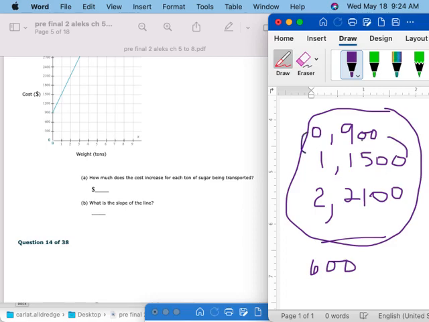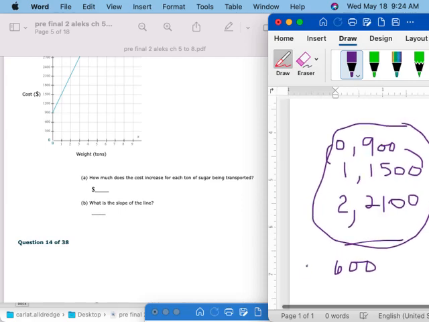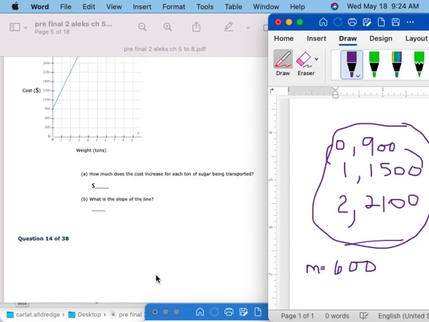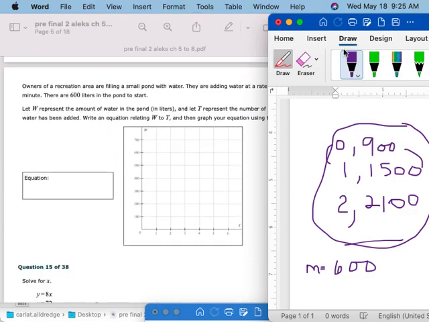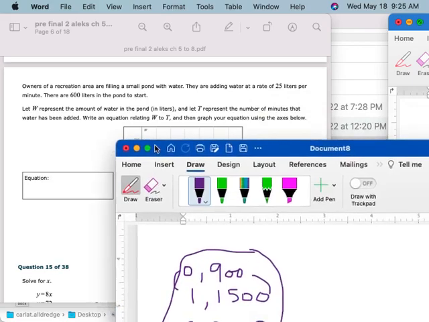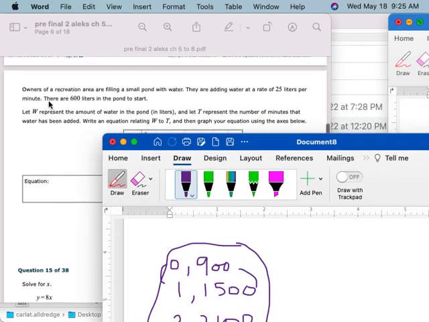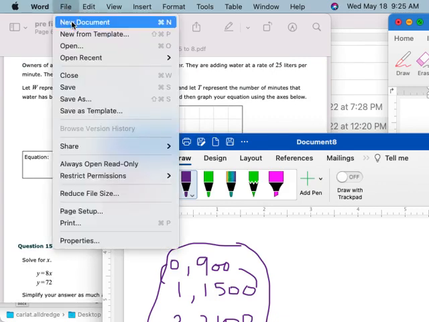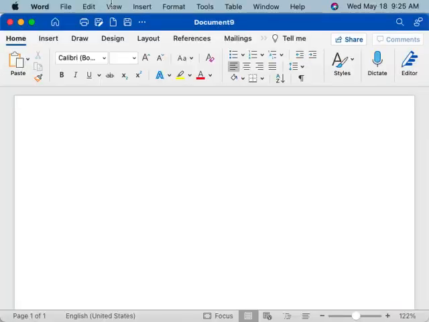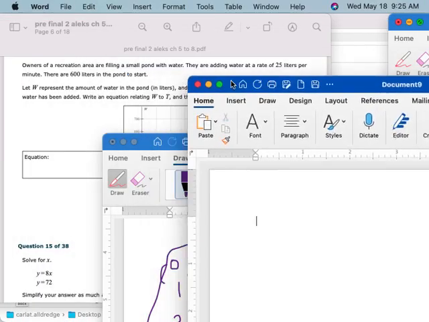So it says, what is the slope? 600 over 1, which is 600. So the slope is 600. So m equals 600. We're still on number 12. That was number 13. What was the slope of the line? 600. Number 14. Okay, so here we go with number 14.